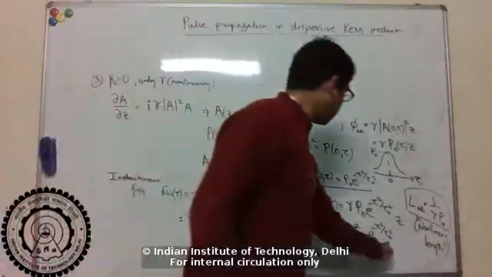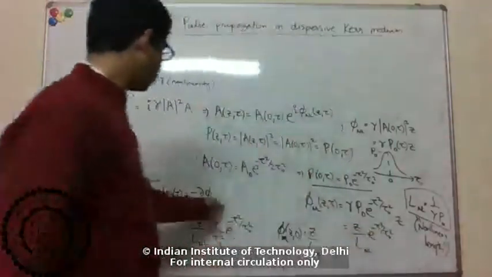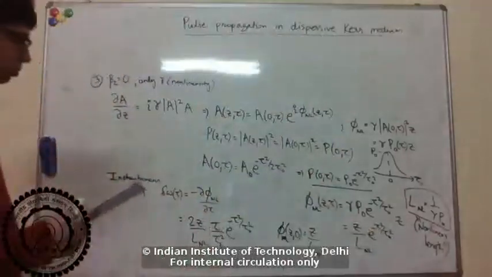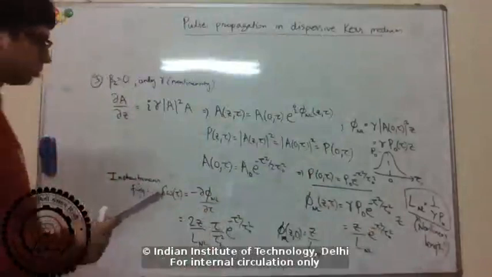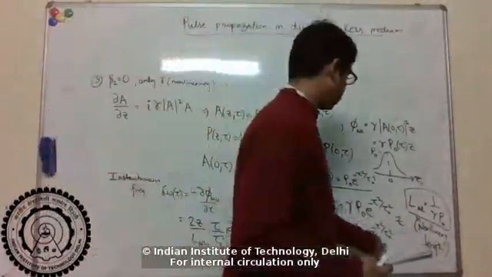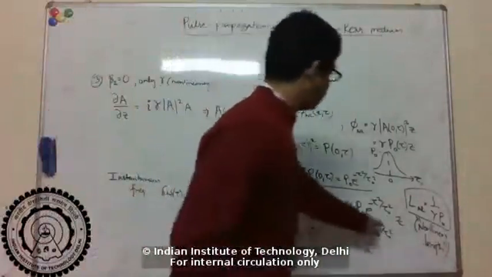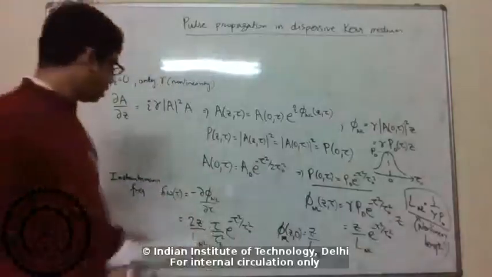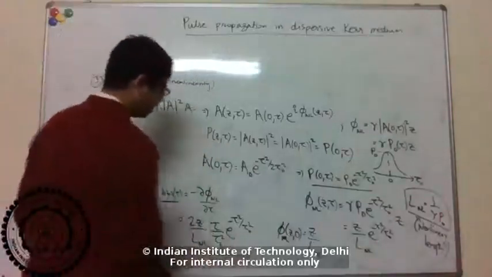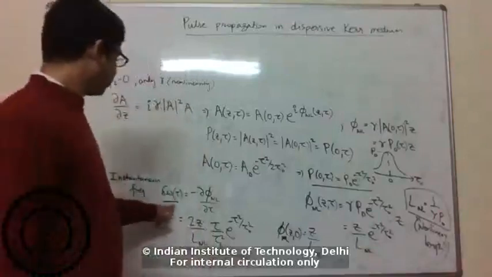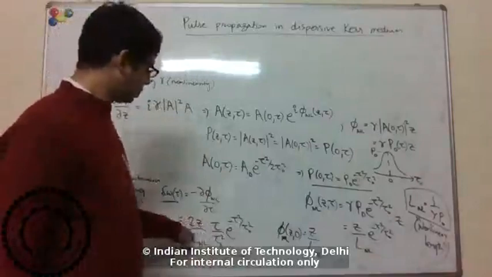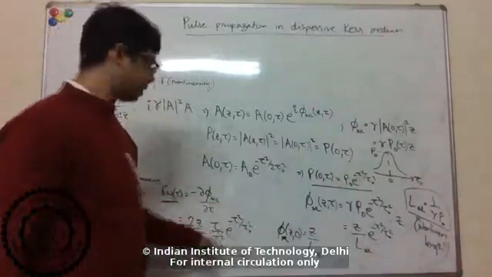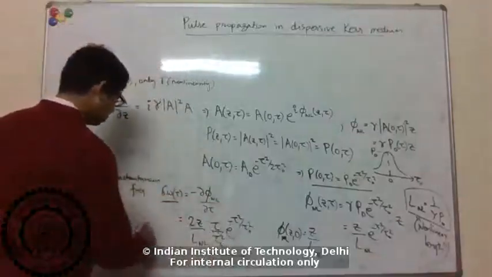So you take the derivative of this Gaussian with respect to time, you have to use the chain rule. So the first derivative of a Gaussian is the Gaussian, and then you take the derivative of tau square, which gives you tau. Right, so now you can see that the chirp, so in the dispersive case, we got an instantaneous frequency which was linear. Here we have a linear term tau, but then it's multiplied by this Gaussian term. So it's a nonlinear chirp. It's not a linear chirp.